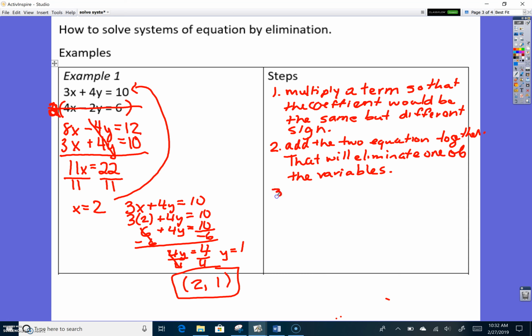Then solve for the variable. Substitute the answer into an equation.